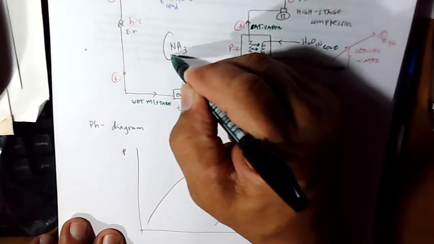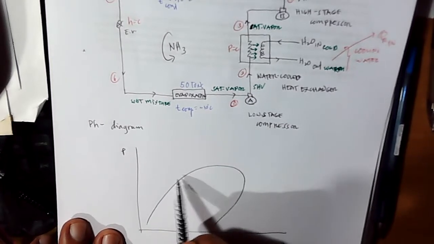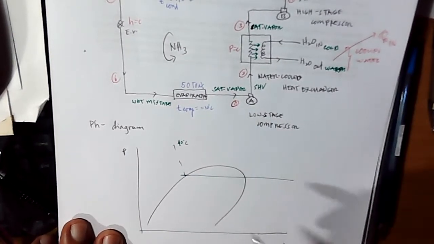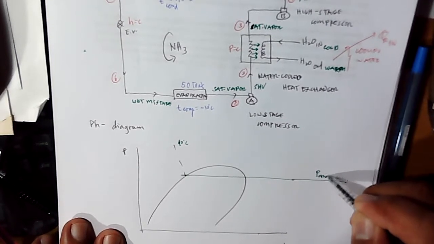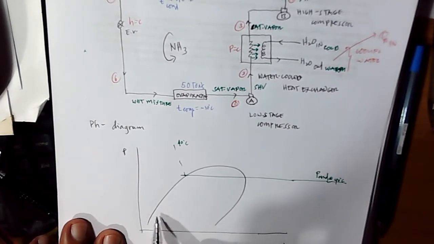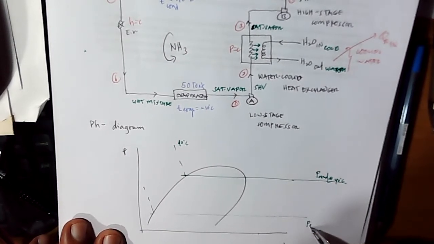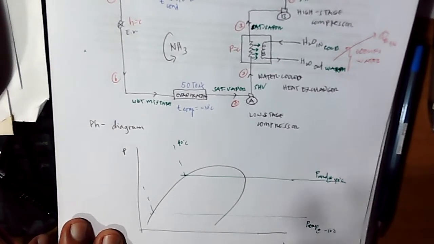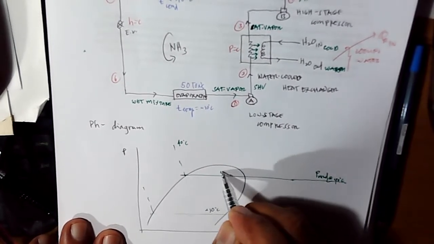Of course there is a line corresponding to 40, so this is your condenser pressure, P condenser at 40 degrees. And we have, of course, evaporator pressure at -10 degrees Celsius. So this is -10 degrees, 40 degrees.